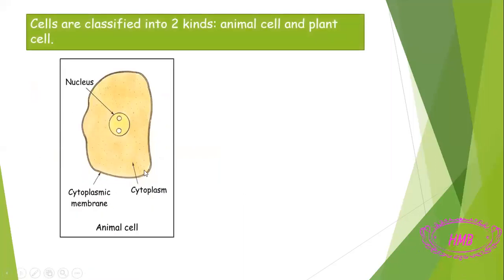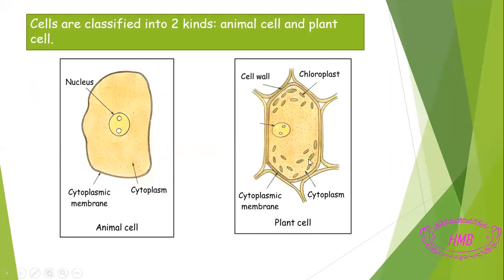This is the animal cell that we find in every animal and in every human. This is the form or the picture of the plant cells that we find in every part of the plant, or in every plant that makes its own food.